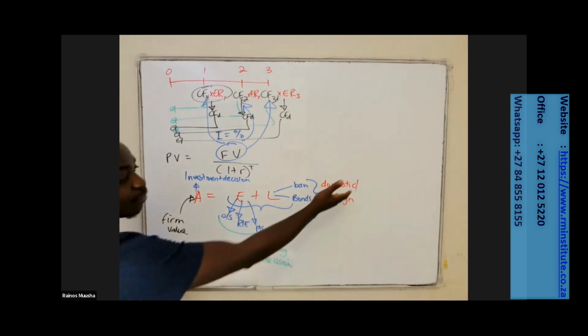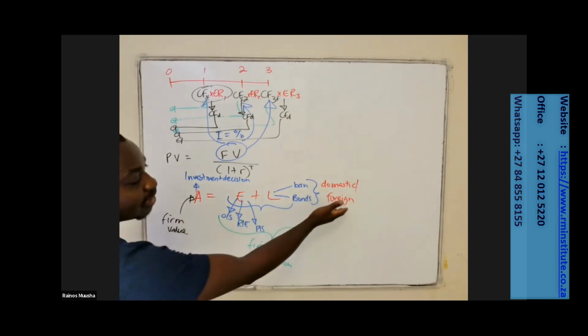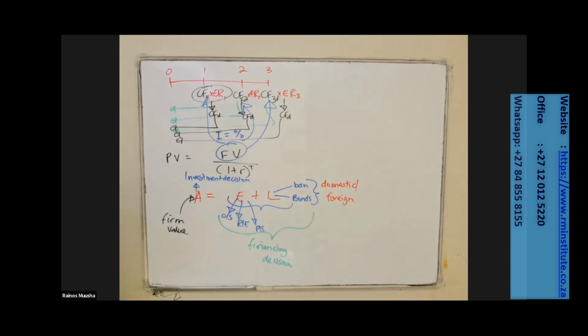Are we going to be getting it from the domestic sources, or are we going to be getting that one from what? Foreign sources as well? So which means that when it comes to investment and financing decisions for multinational corporations, it's a bit more complex, mainly because there are so many things that need to be taken into account by the financial manager as well. So are we on the same page when it comes to investment and financing decisions then?